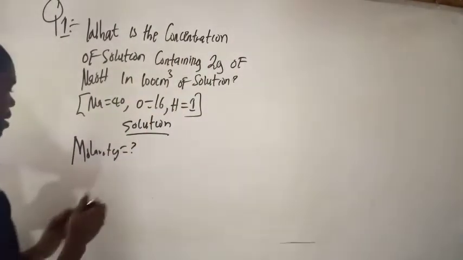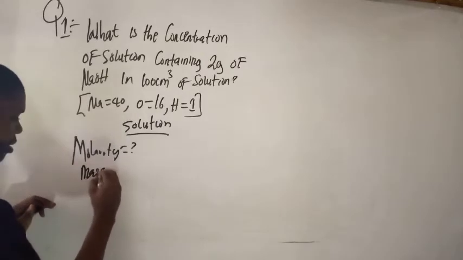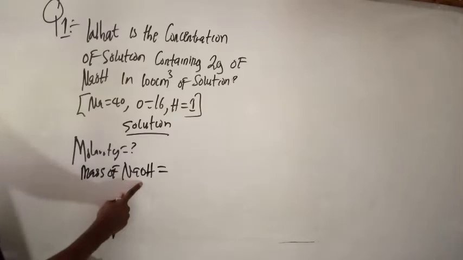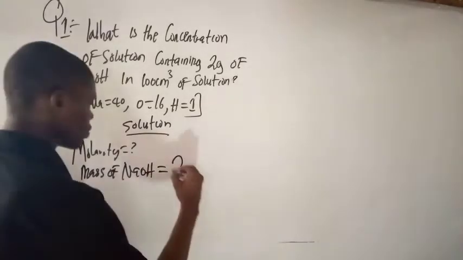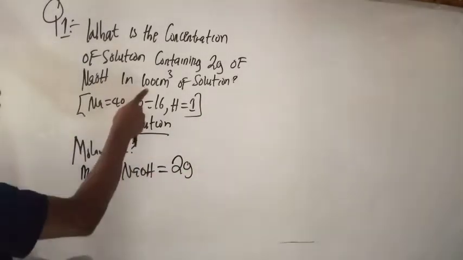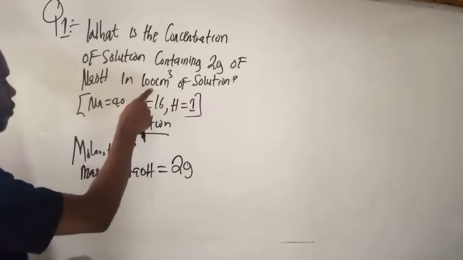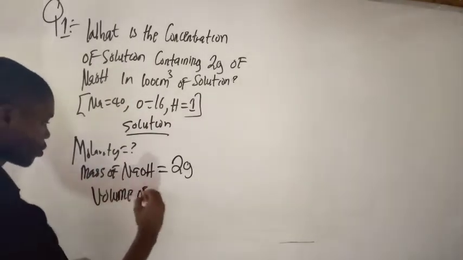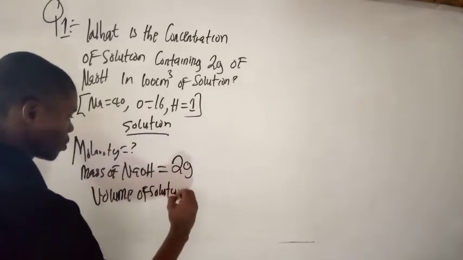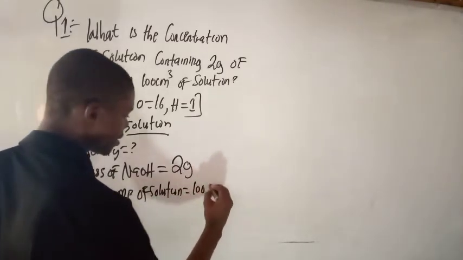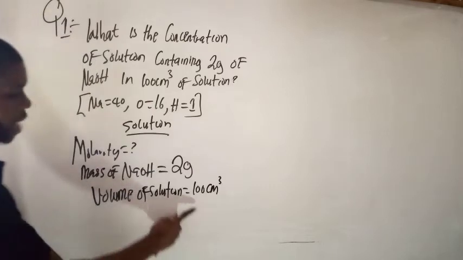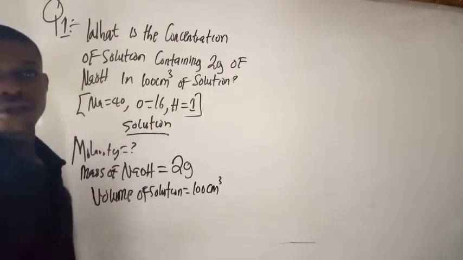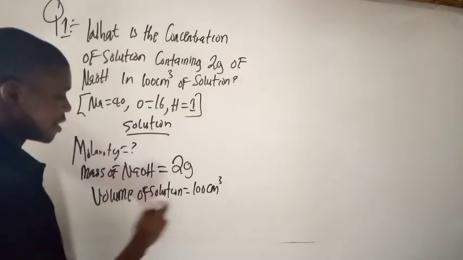Now they give us the mass of sodium hydroxide, NaOH, which is 2 grams, and the volume of the solution equals 100 cm cubed. Remember, for molarity or concentration, the unit of volume is dm cubed.